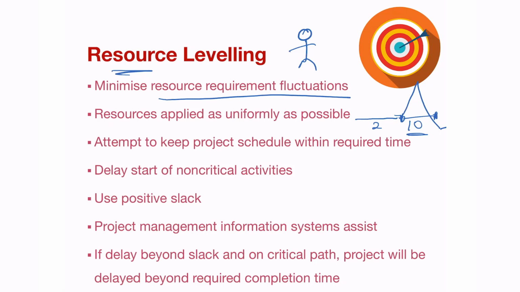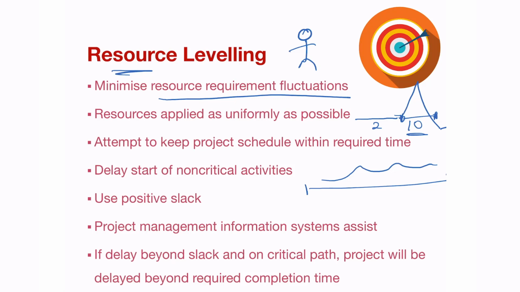So what you want to do is try to level out your resources over the lifespan of the project. You want to attempt to keep the project schedule within the required time, which is important. And you also want to use positive slack as well.